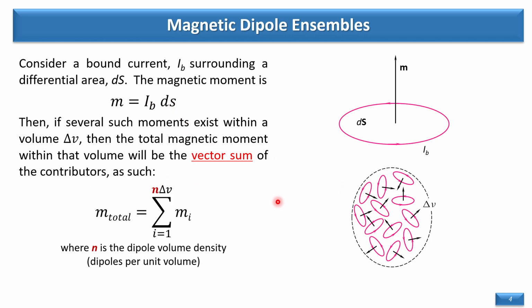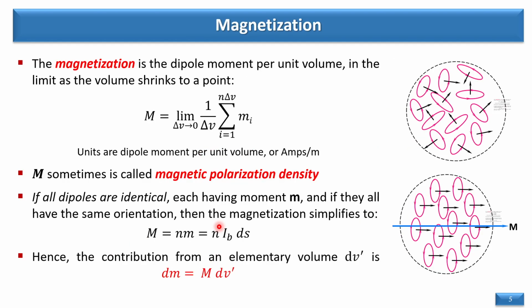When we have a number of those orbits in a certain volume, the total is the vectorial summation of those moments, all the orbits existing in this volume. So at a certain point, if we want to find the magnetization or the moment at that point, we just do this summation over a small volume and take the limit when this volume goes to zero.